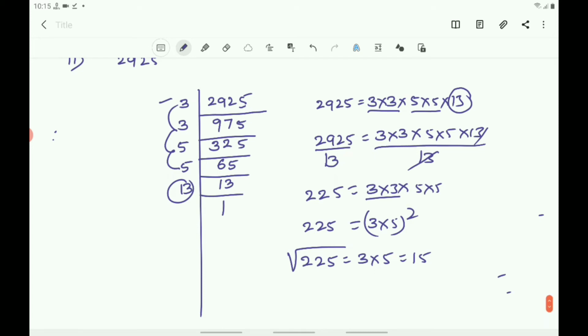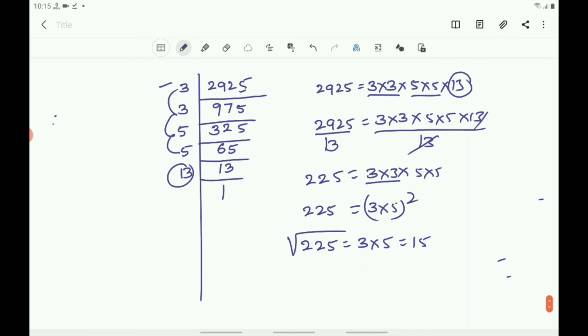2925 should be divided by the smallest whole number 13 to make it a perfect square.